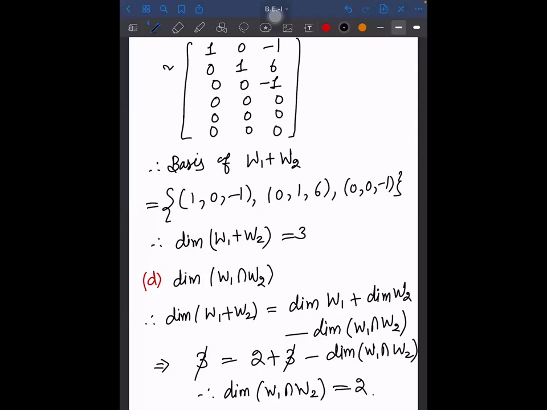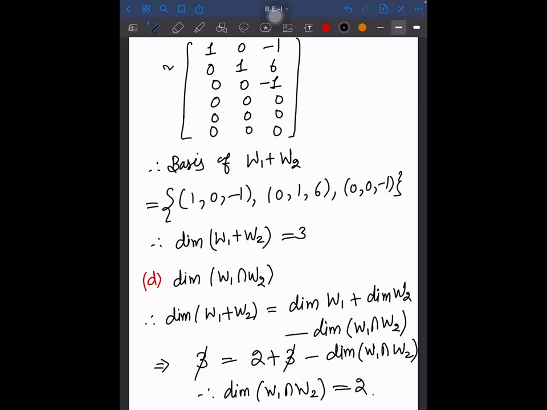We have already done one such type of question, but if you go back to that question, you'll come to know that there we also found the basis of W1 intersection W2. But here we are not able to find the basis of W1 intersection W2. We are only able to find the dimension of W1 intersection W2. But there was also one problem.